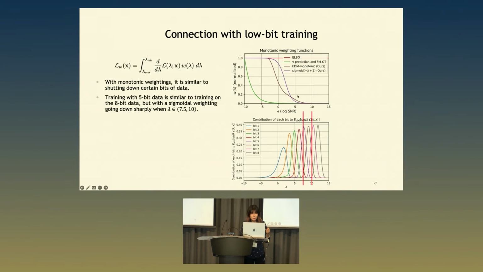For example, this purple curve, which has a sudden drop in a certain region, for example lambda between 7.5 and 10. So this means that if we have the weighting function for our diffusion models, then low bit training can be considered a special case of designing a certain type of weighting function.